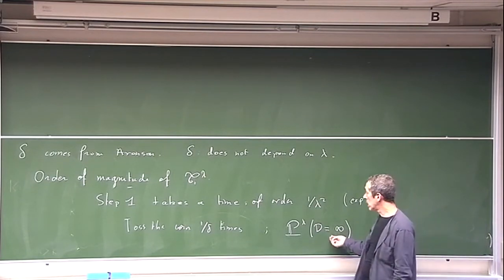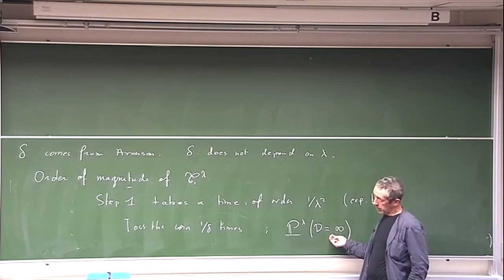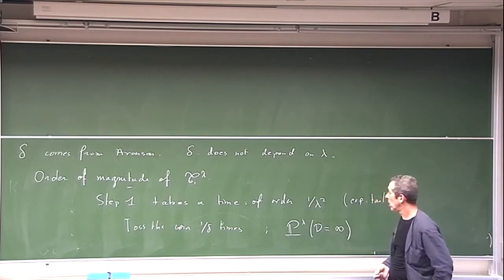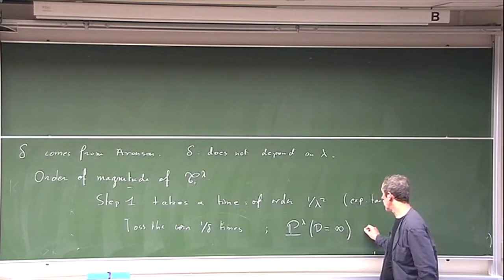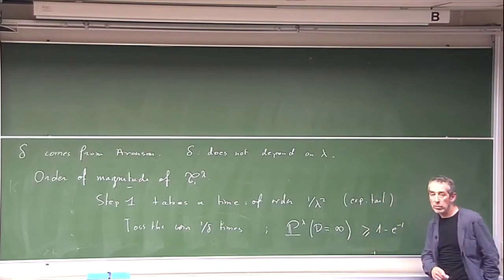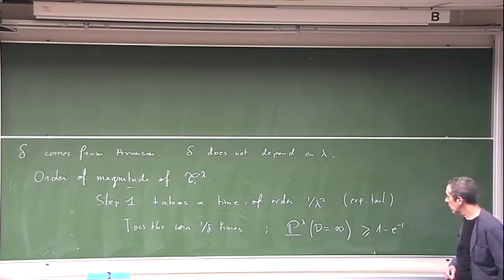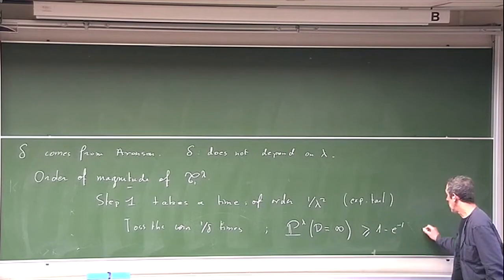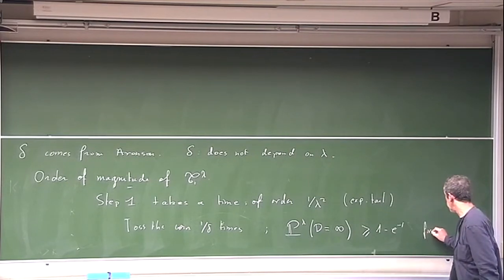Now, this is backtracking by a distance 1 over lambda. So the evaluation we had from level 1 is 1 minus exponential minus 1. This is larger than 1 minus exponential minus 1. So this is from lemma 1.